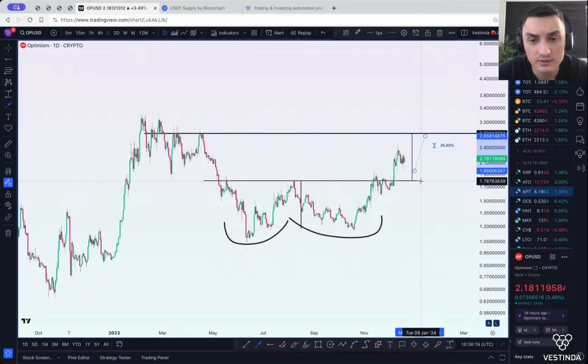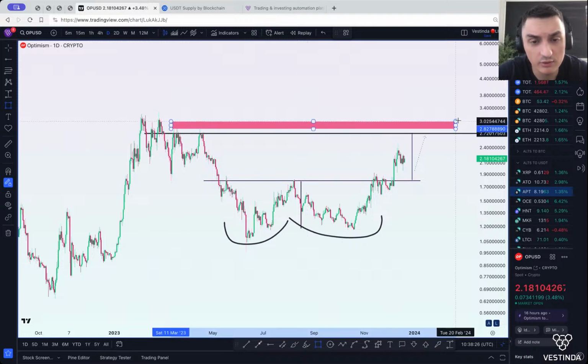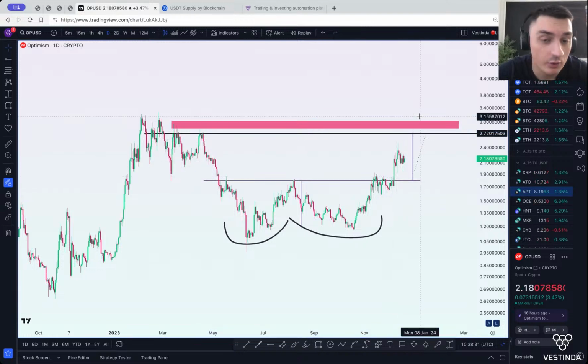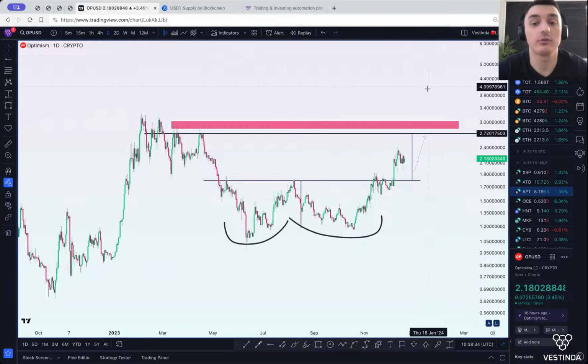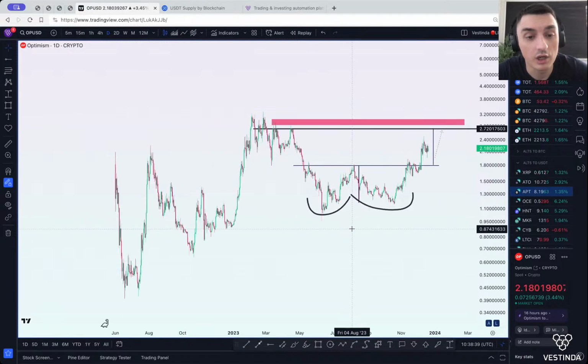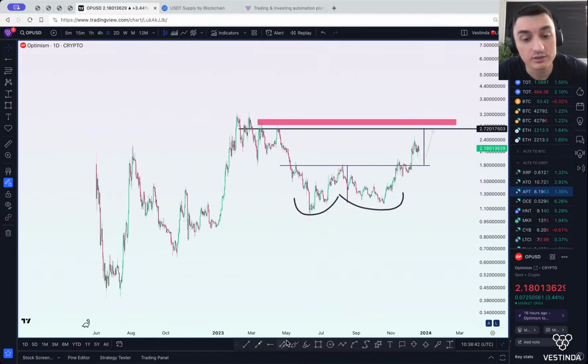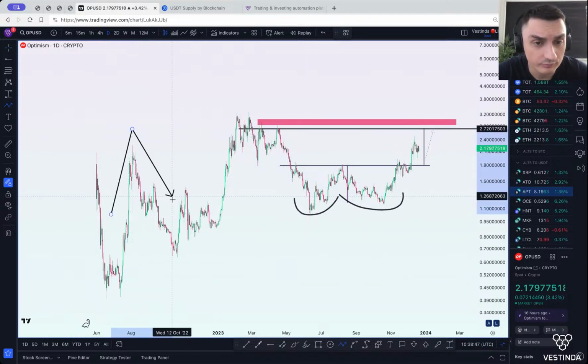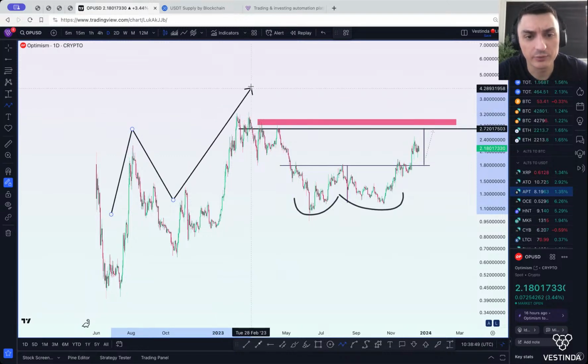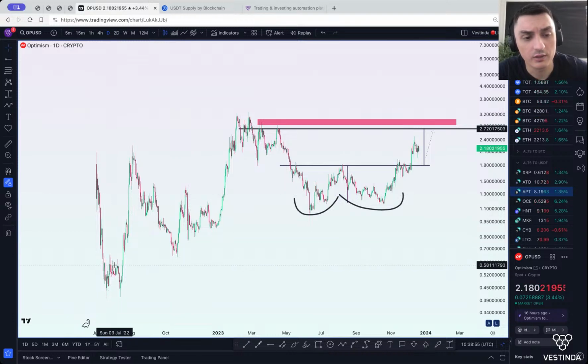So I'm expecting this move, and then we need to be really careful with this resistance zone, because it's a really strong resistance. Maybe we're going to break out from that, and if we do, the price is going to rise much higher. However, it's too hard to say now, because this is kind of complicated price action on OP. You can see we saw a lot of swings up and down.